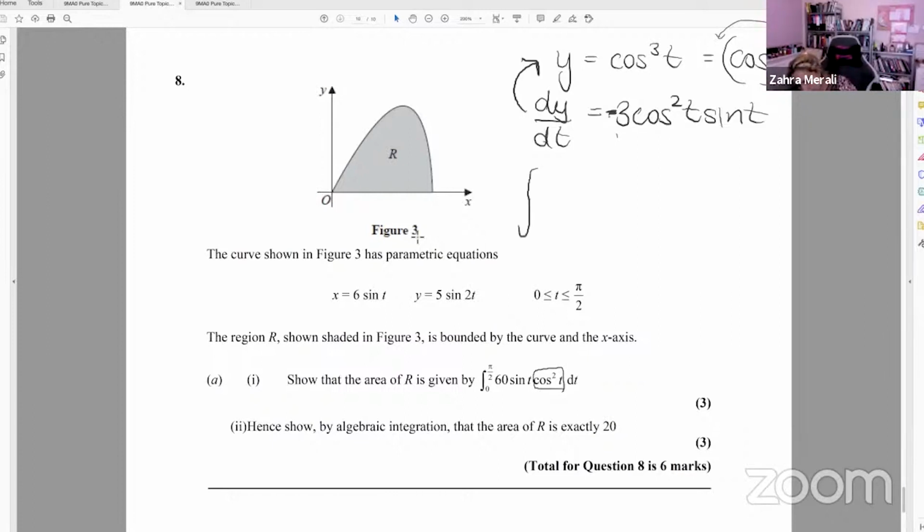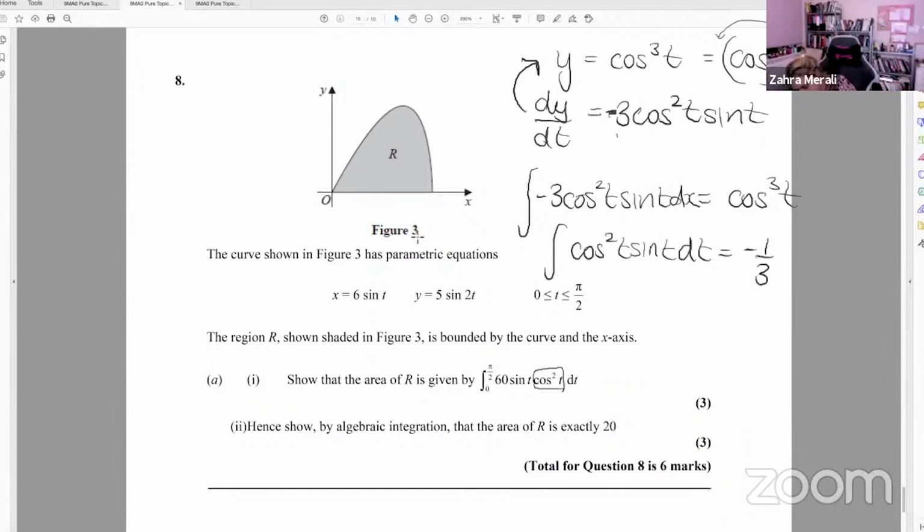So the integral of minus 3 cos squared t sine t is equal to cos cubed t. Hence, the integral of cos squared t sine t dt is minus 1/3 cos cubed t.